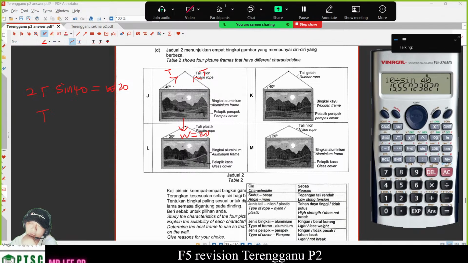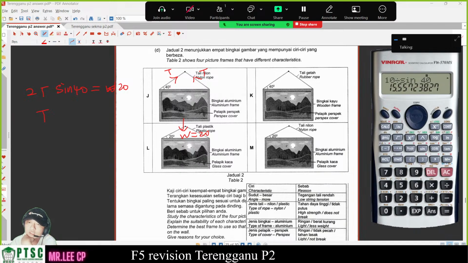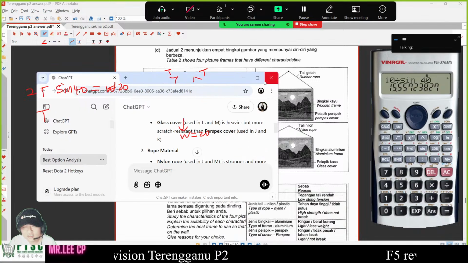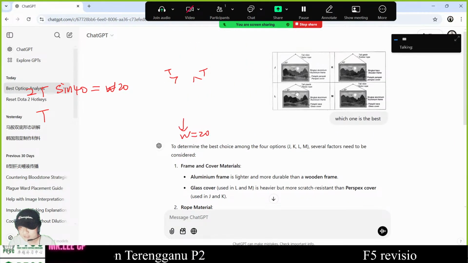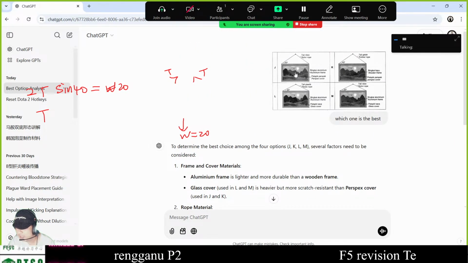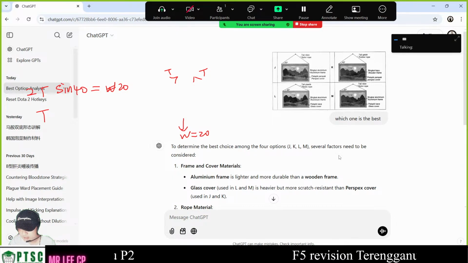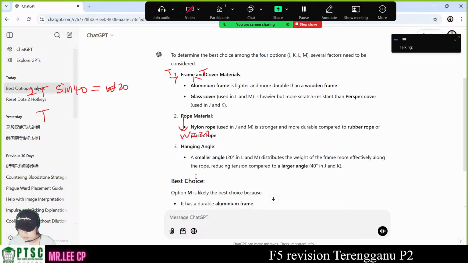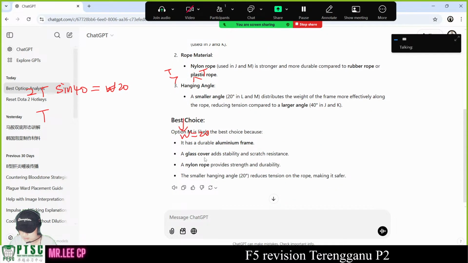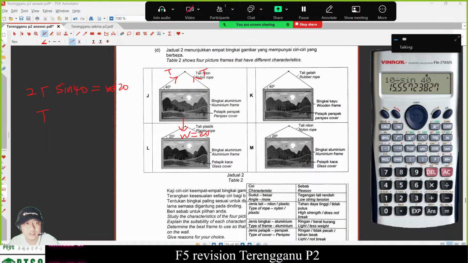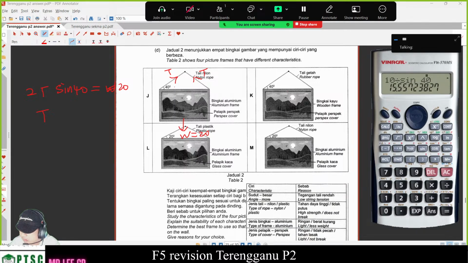Cannot be there. The bigger angle. Oh, like that, the answer is not wrong. But why ChatGPT is also giving me the same answer? Now I pause this one. Now I ask him, W, this one, which one is the best? Smaller angle, the tension is lesser. Cannot be.